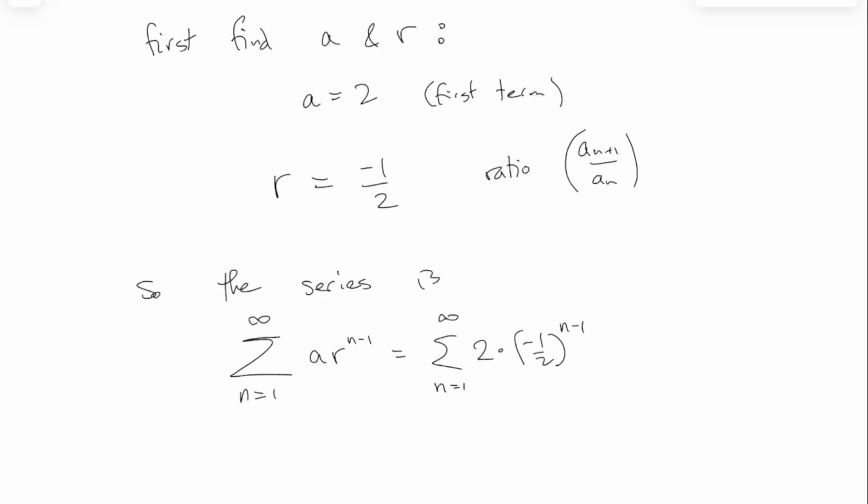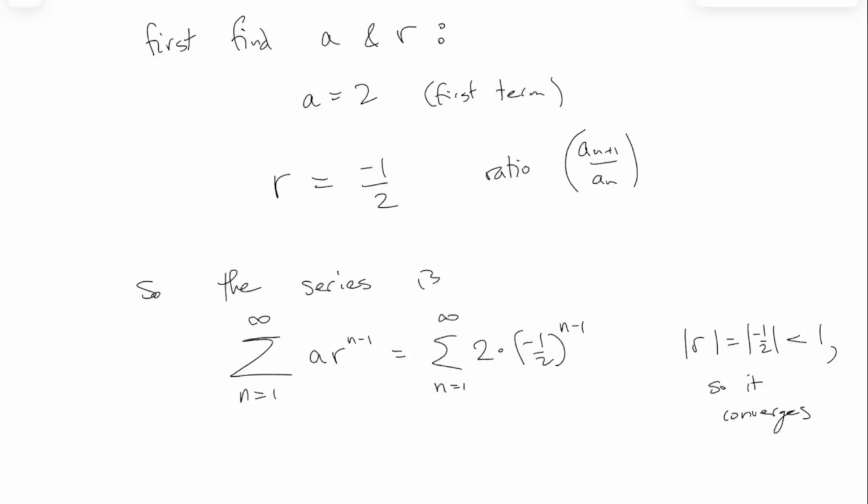I said it a few minutes ago. Yeah? When the absolute value of r is less than 1. Right. And is that true here? It is true, yeah. In this case r is -1/2, so it indeed has absolute value less than 1, so it converges.